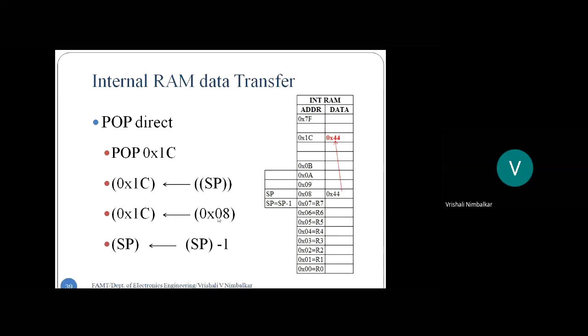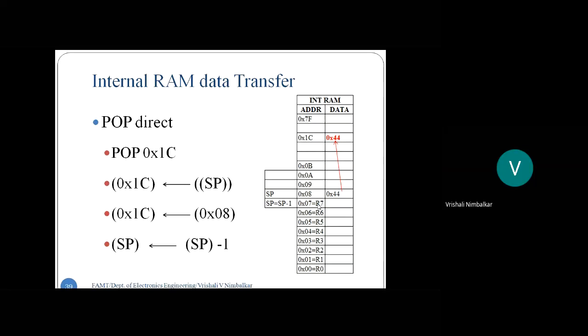Correct? And now after storing, the stack pointer decrements by 1. After reading data from the stack memory, the pointer decrements. So SP minus 1, what is the new SP? 7. So it came back to where it began. From where did we start? 7 hex was the starting address of stack memory.